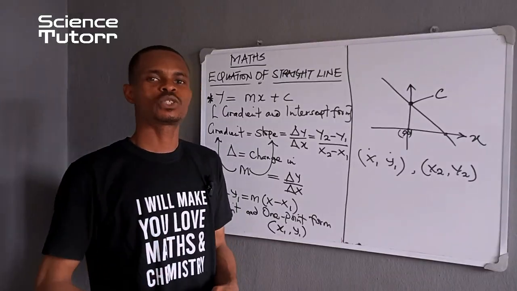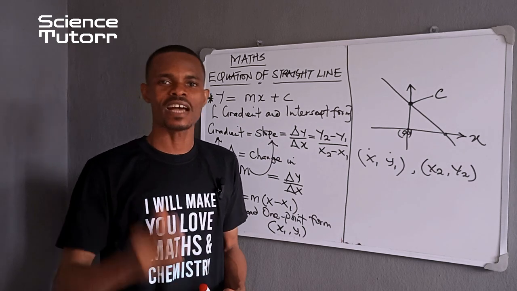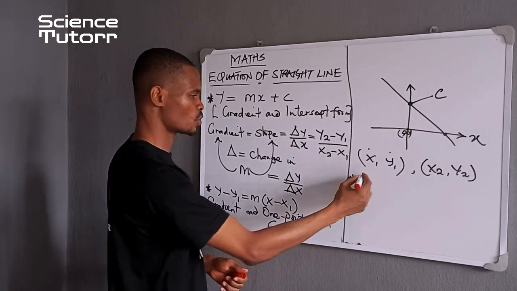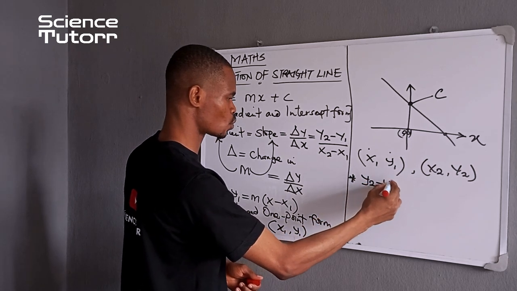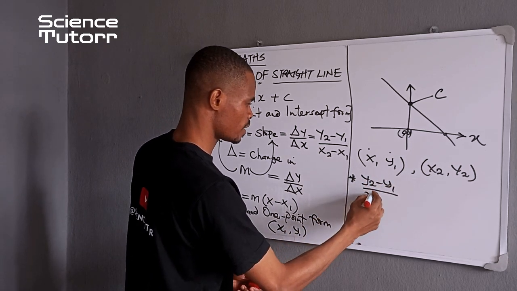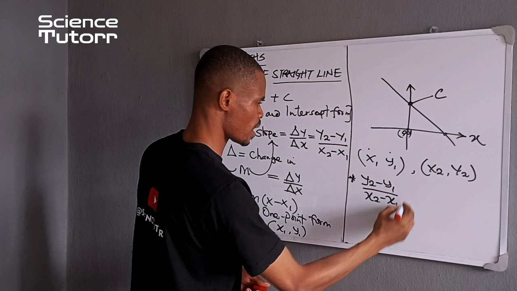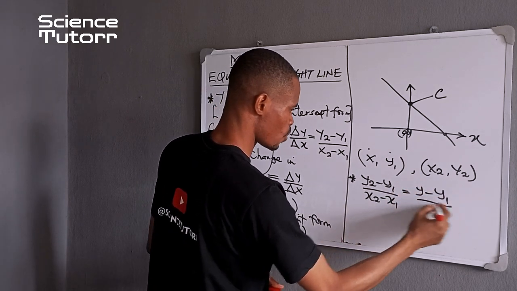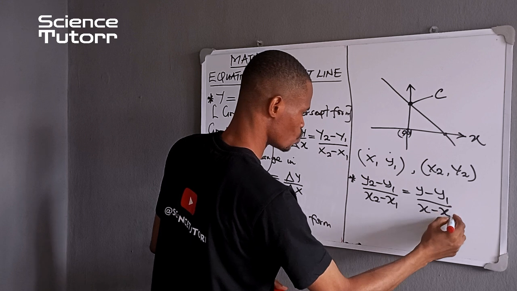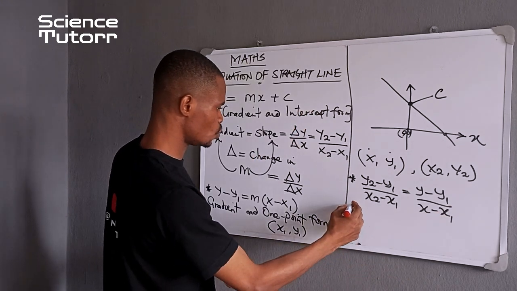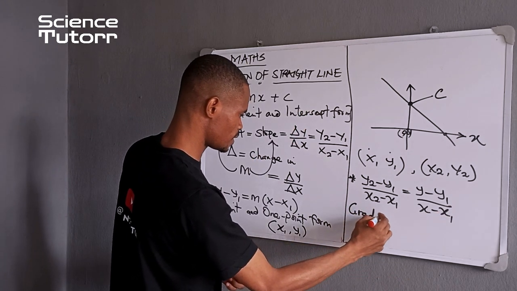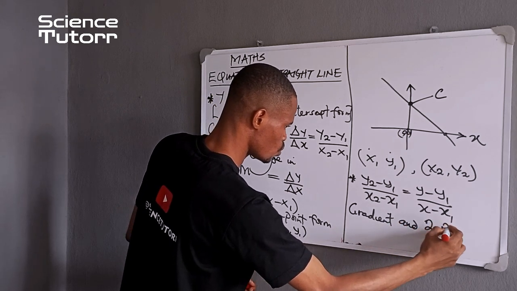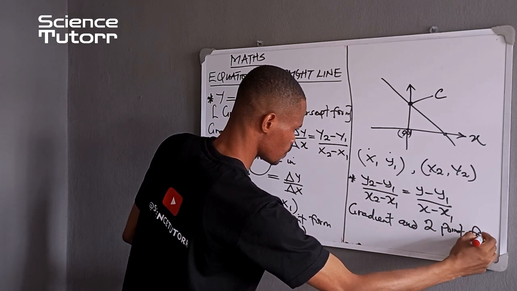The third piece is what we call the gradient and two-point form, and it has a formula of this sort. We have y2 minus y1 all over x2 minus x1 to be equal to y minus y1 all over x minus x1. So this method is known as the gradient and two-point form.